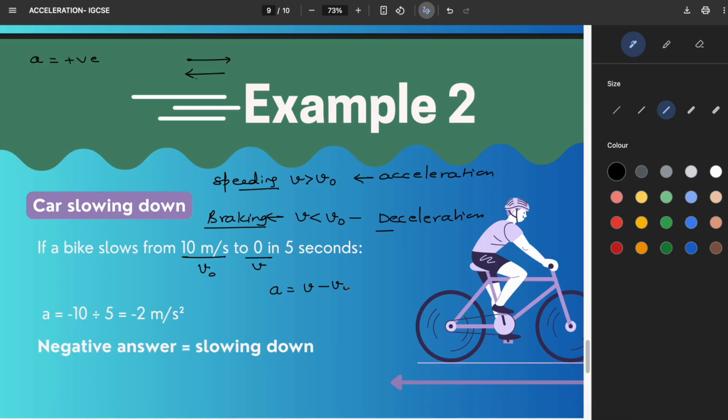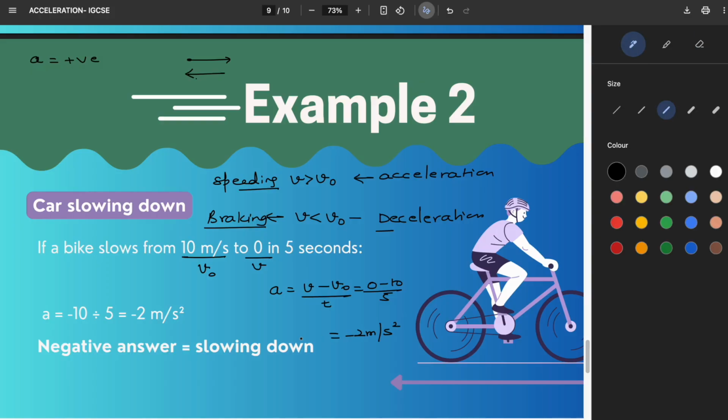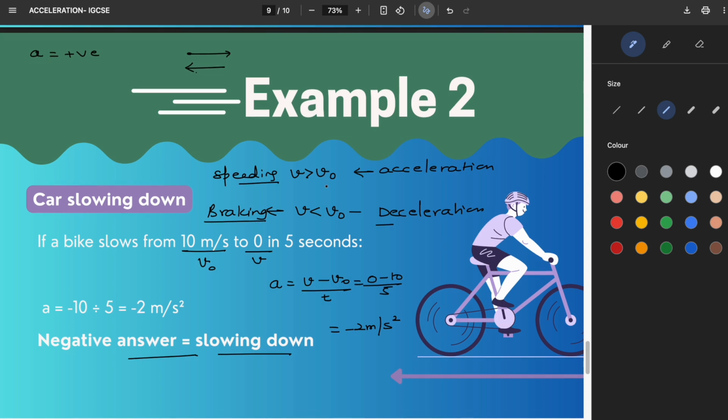V minus V naught by T. What is my V? 0 minus 10 by 5. So here it is minus 2 meter per second square. So what does that mean? That it is slowing down. Negative answer here represents that I am slowing down.